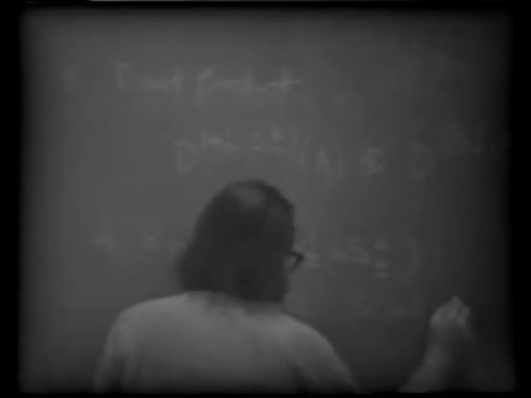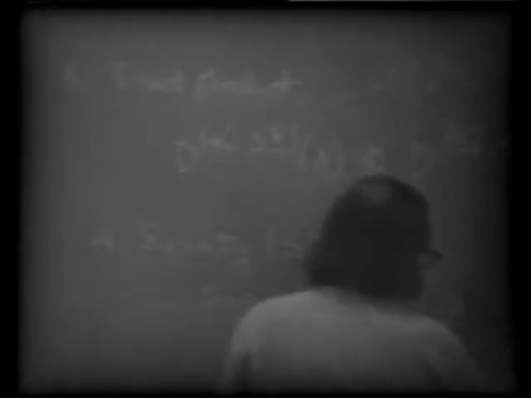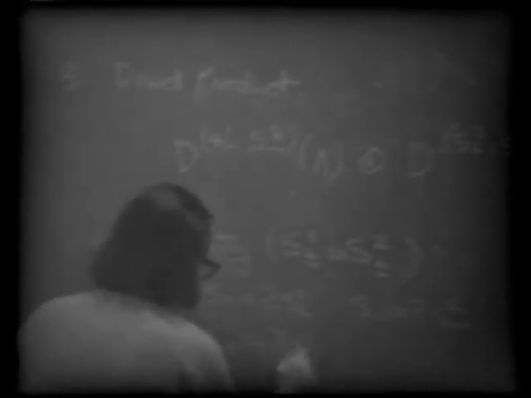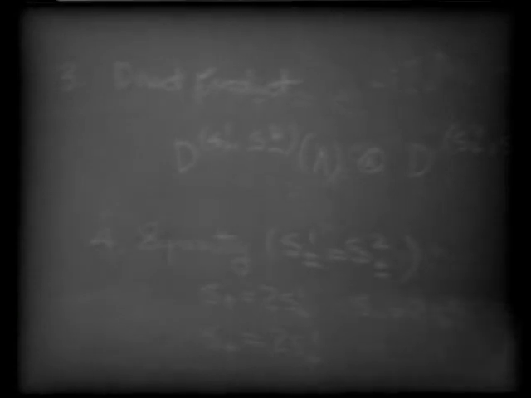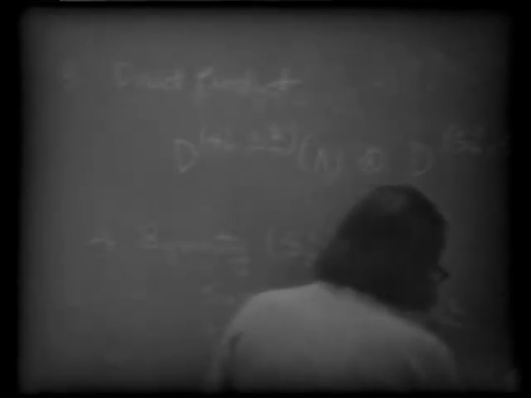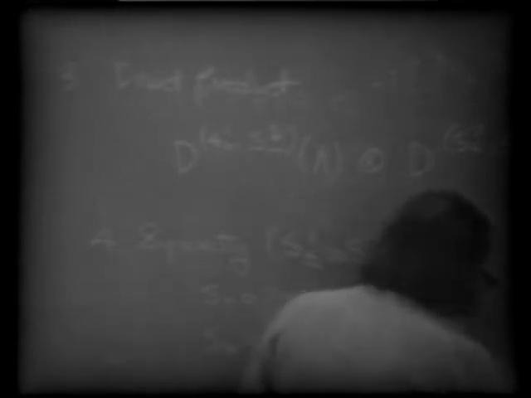Thus, s plus equals 2s plus 1, s minus equals 2s minus 1 is symmetric. S plus equals 2s plus 1, minus 1, s minus is unchanged, is antisymmetric because it's antisymmetric in the first variable and symmetric in the second.